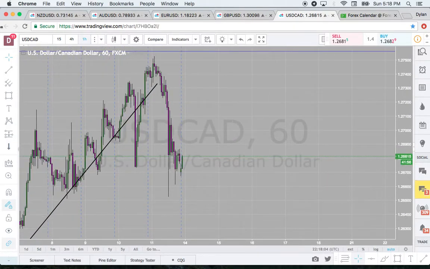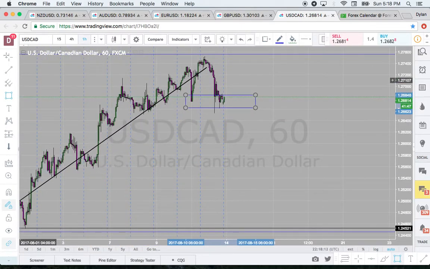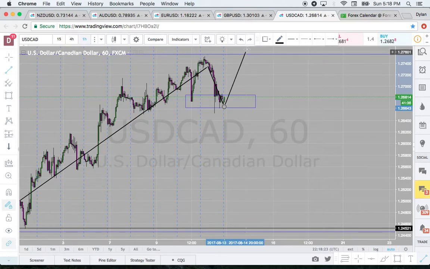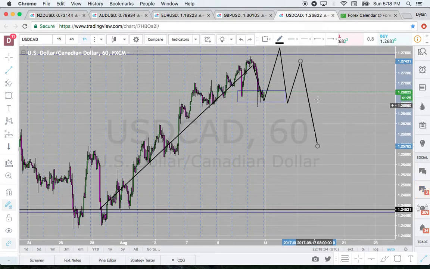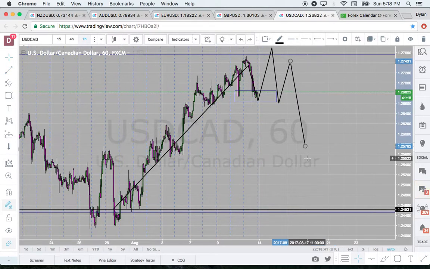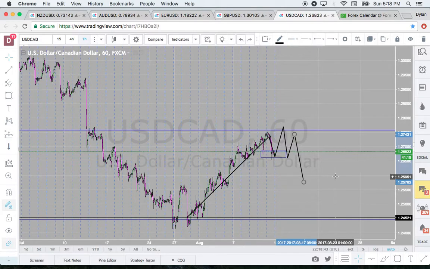We could definitely see a, well, to me, this looks like a trap move. This looks like a fake out to induce retail traders to sell, and then price will come back up, continue, break out of the range just a bit, and then we could see maybe a head and shoulders pattern or just that M formation, and then a continuation of that trend inside of this range.